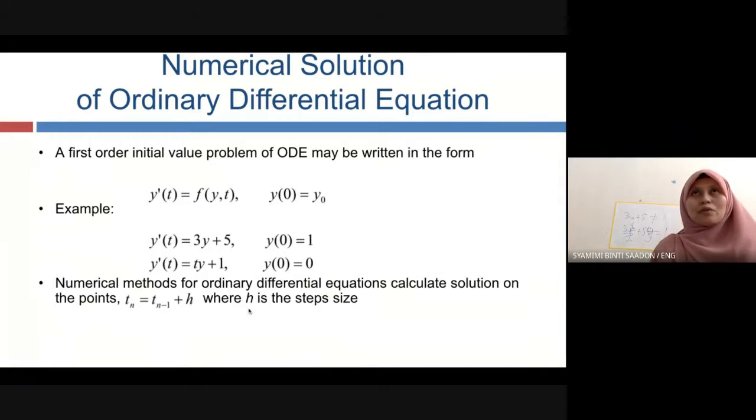For example, the function is valid for a period of time of 10 seconds, t from 0 until 10 seconds. Then we are given the step size, or time step h.